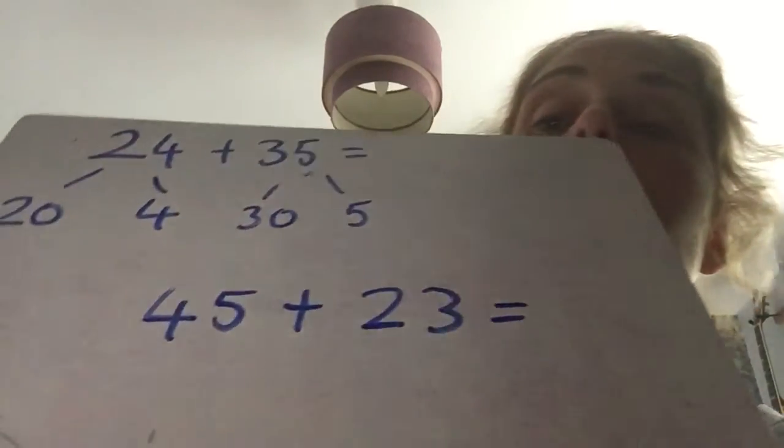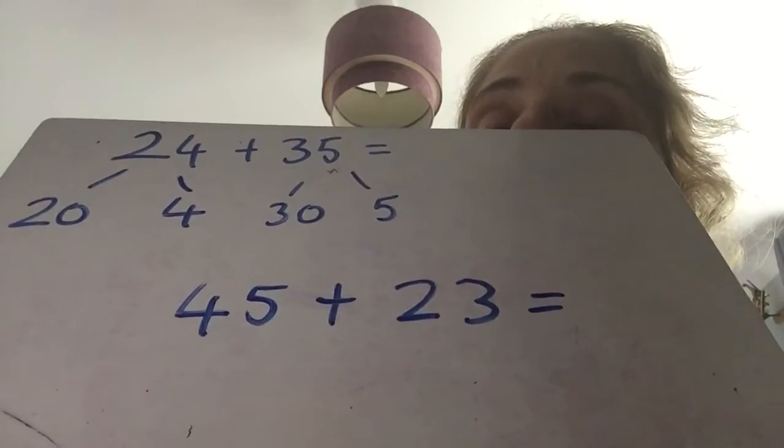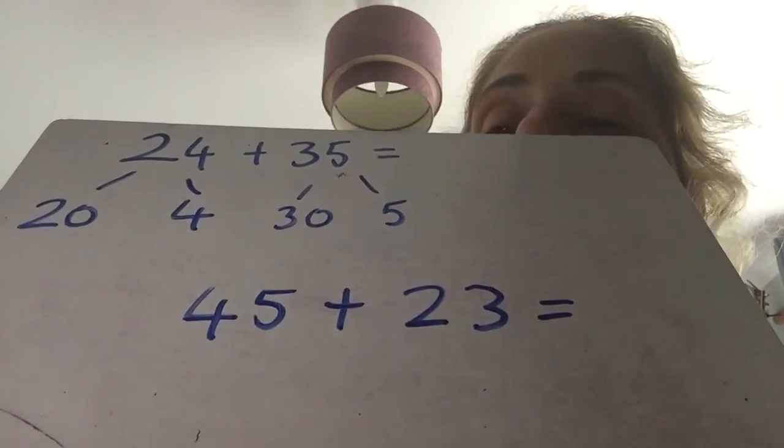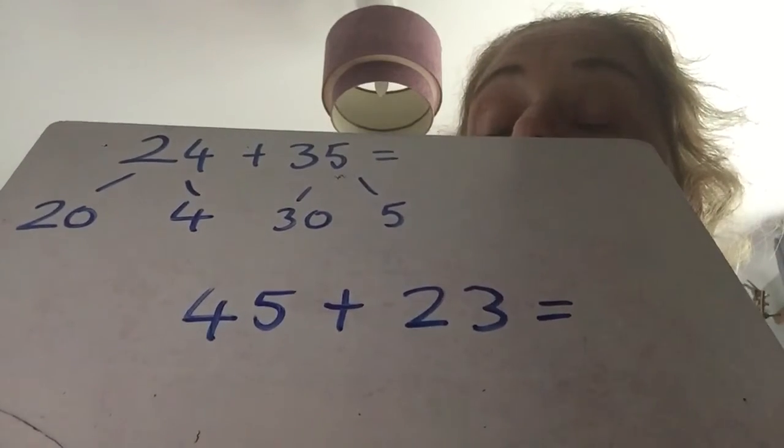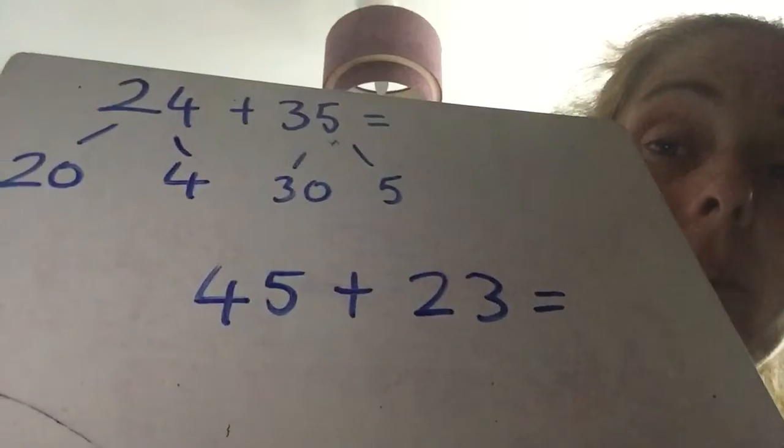I'm going to leave that one there for a minute. I'm just going to write another one on the whiteboard. And I'd like you to tell your mums how you would partition that number. It's splitting it into the two numbers you would get if you partitioned it. What would you have?